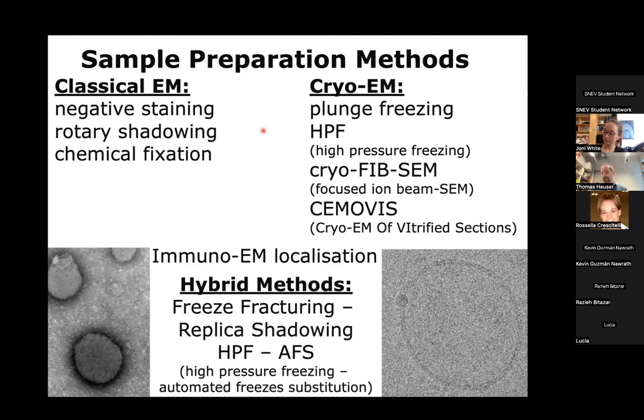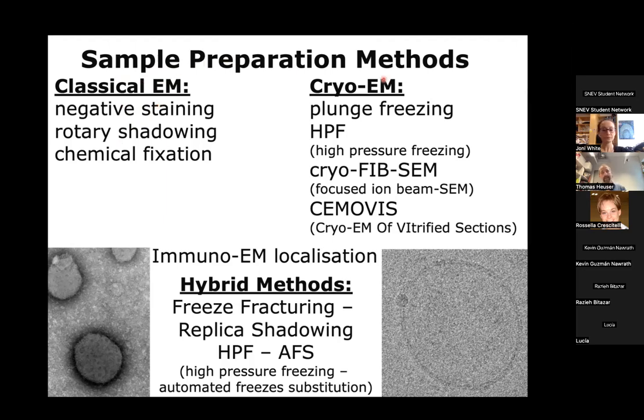Yeah. So in terms of sample preparation method, I briefly mentioned there's basically two approaches. A classical approach, a traditional approach. This was first invented in the 1940s, and some of these techniques have not changed much. Yeah, so this is not a very new technique, but still used very, very widely.